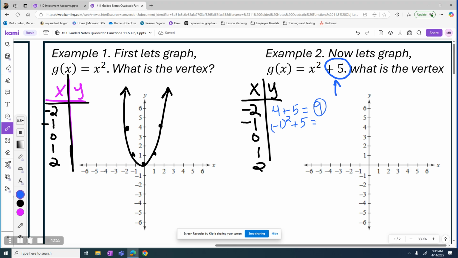That's 1 plus 5 is 6. 0 plus 5, start to see a pattern here. 1 squared is 1 plus 5 equals 6. And what do you think this 2 is going to be? 2 squared plus 5 is what? 2 squared is 4 plus 5 is 9.